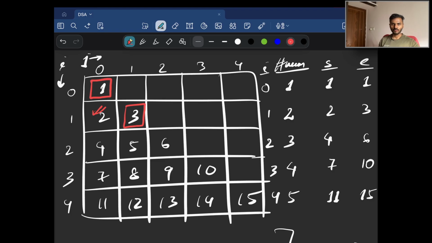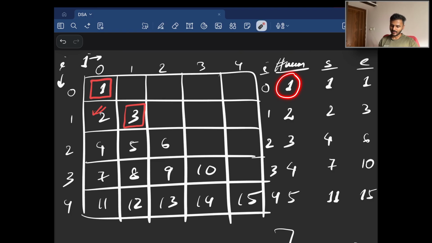So the first row took one number because we needed only one number. The second row took two numbers starting from 2. So it took the next two numbers, which means so far we have taken 1 plus 2 numbers when we are on the second row, right? Which means we have taken 3 numbers in total. And because we have taken 3 numbers in total, the end value over here is 3.